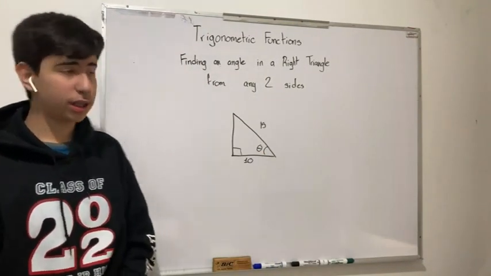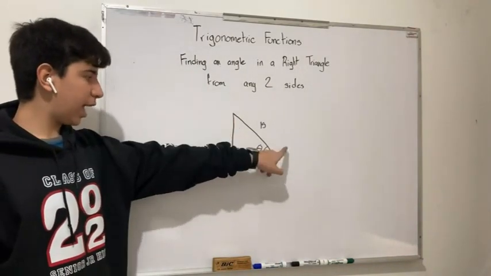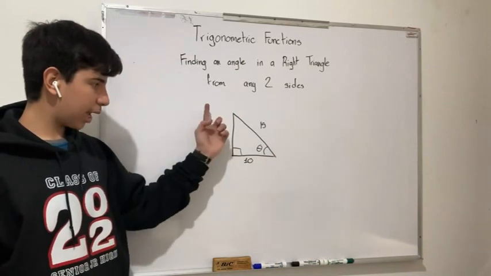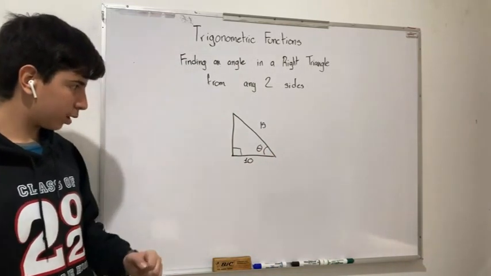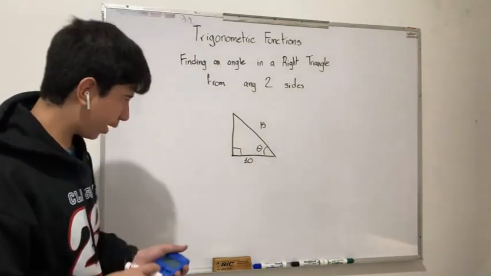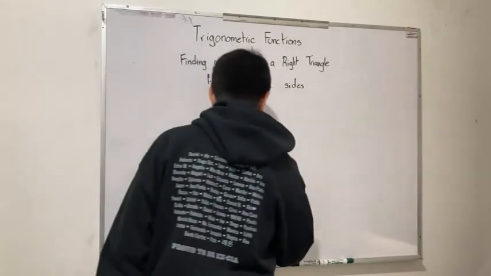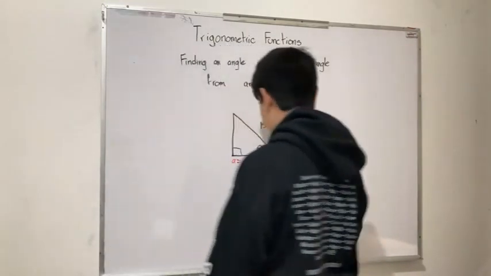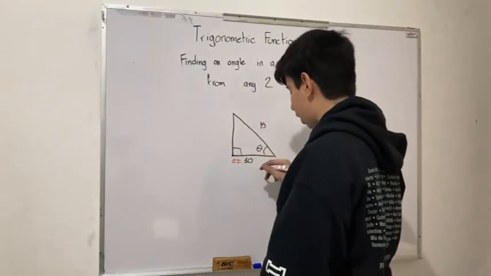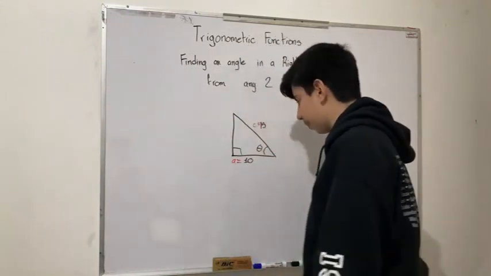Hi. Now this is our first exercise of getting two sides of a right triangle and finding the angle. Here, since this side is closer to the angle, we know that 10 is a. And since this one is the largest and the hypotenuse, 15 is c.